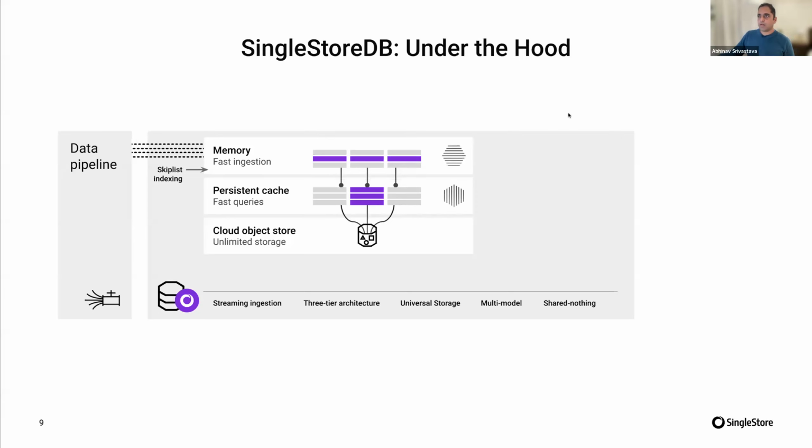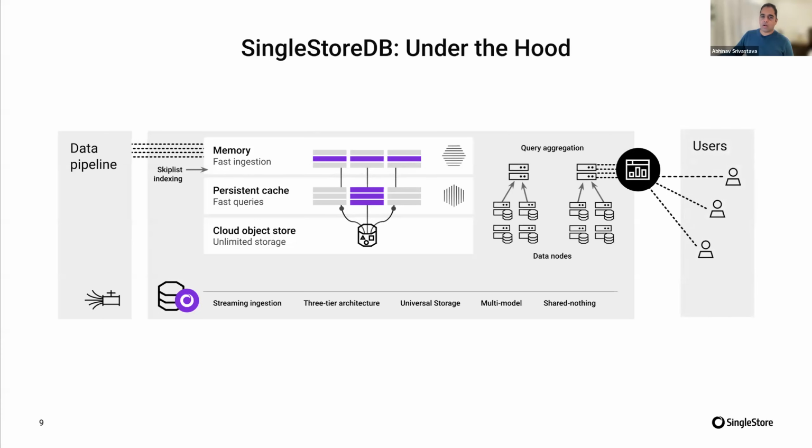I think this is our architecture, what you're seeing on the screen here. It combines your transactional and analytical workloads into one database. The in-memory row store is your transactional layer, and what you see in the middle tier here is our column store for fast queries.